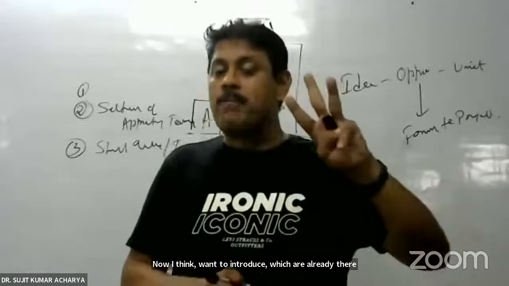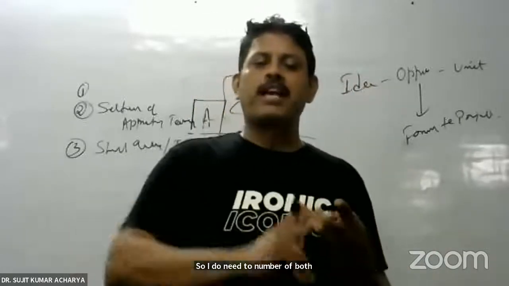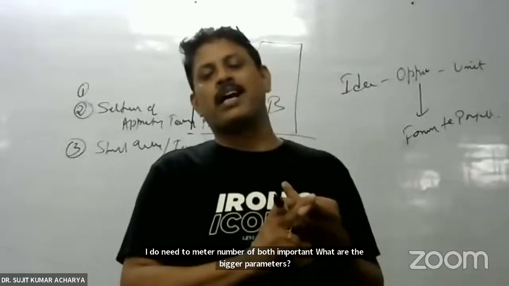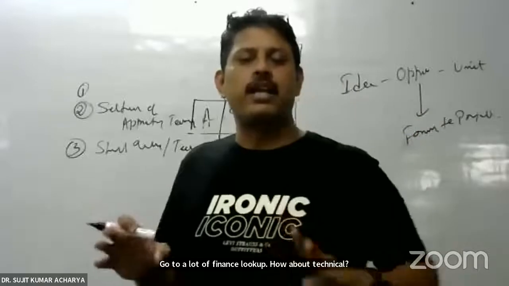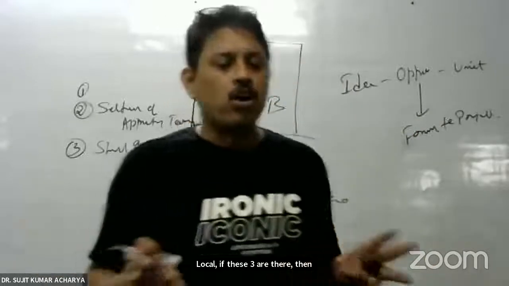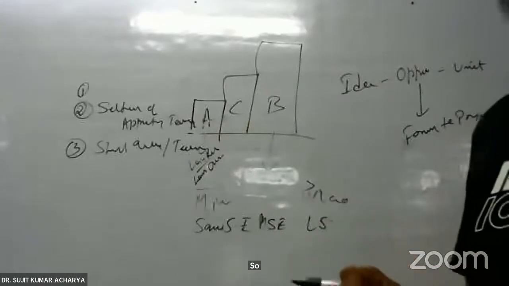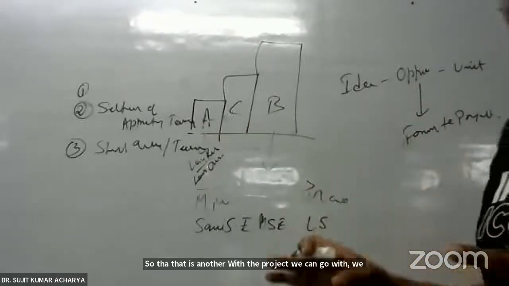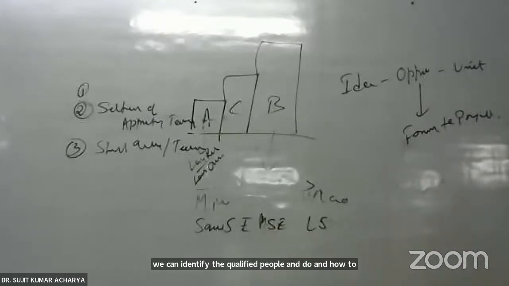These three parameters are very important: legal, finance and technical people. If these three are there, then the organization can run in its best way. So with the project, we can identify the qualified people and how to work with them. The next is resource mobilization.